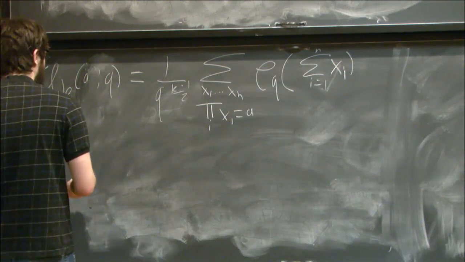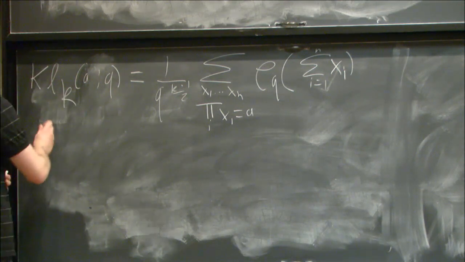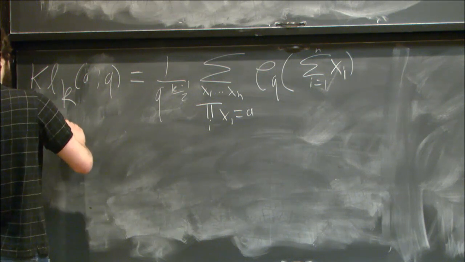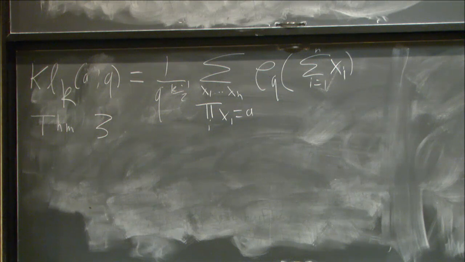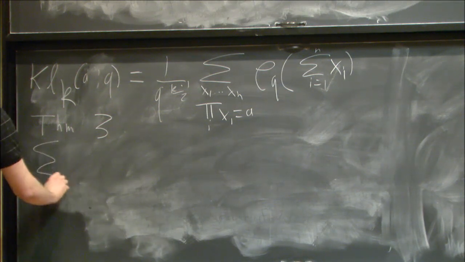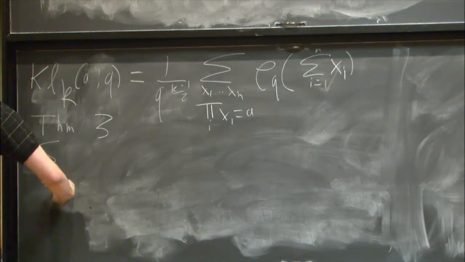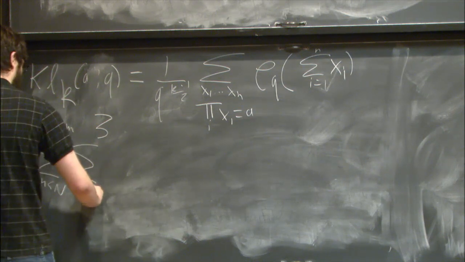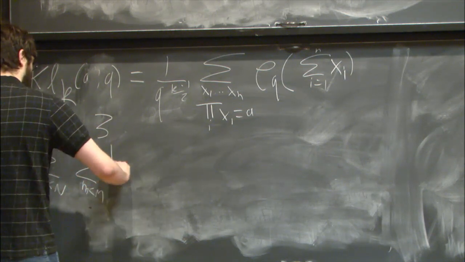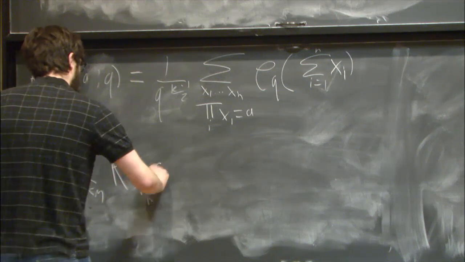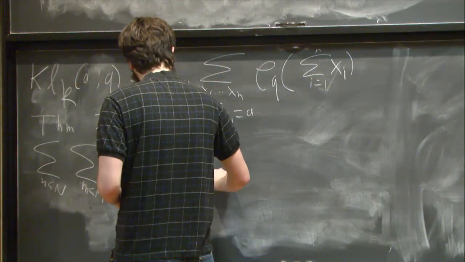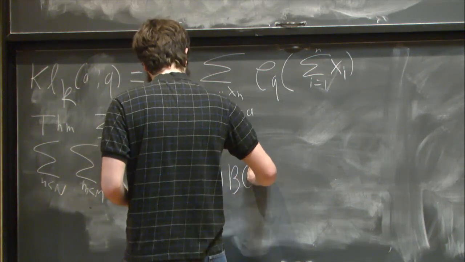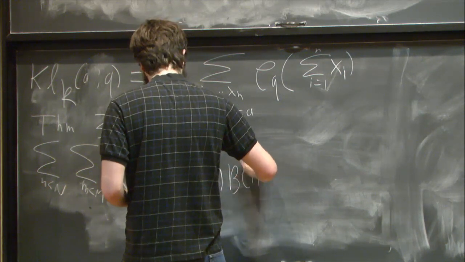And the key bound is a bound when we're summing over two intervals, summing this Kloosterman sum against two other functions, and these two other functions are totally arbitrary.